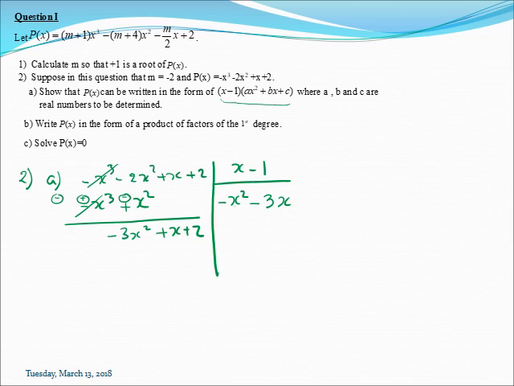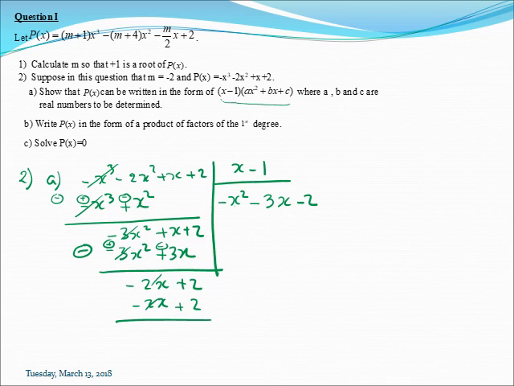Minus 3x times x is minus 3x square, minus 3x times minus 1 is plus 3x. Minus plus minus cancel, x minus 3x is minus 2x, plus 2. Minus 2 times x is minus 2x, minus 2 times minus 1 is plus 2. So the remainder is 0.